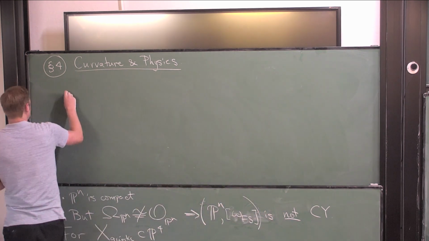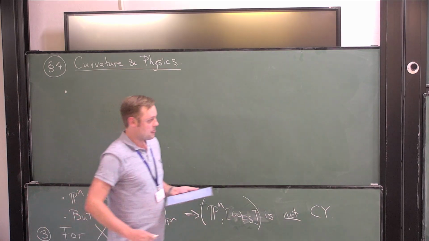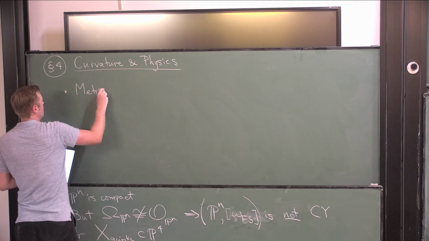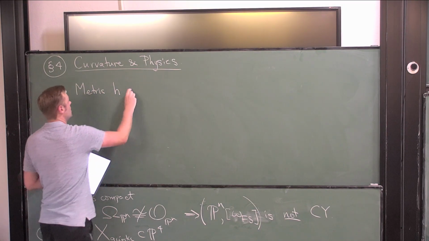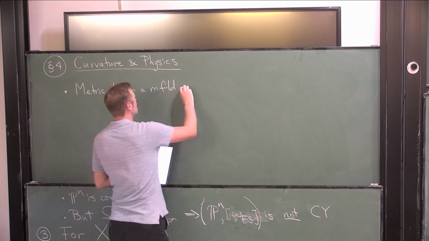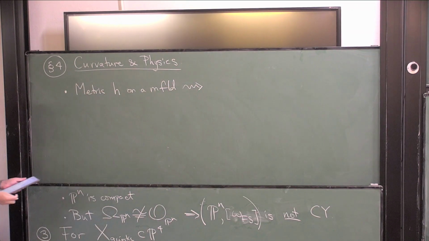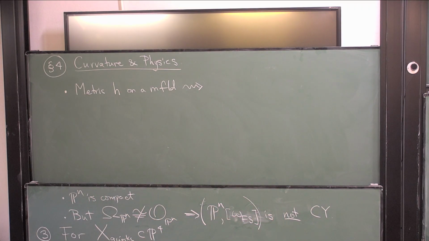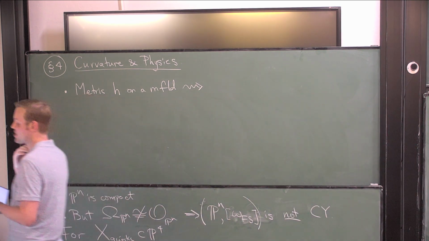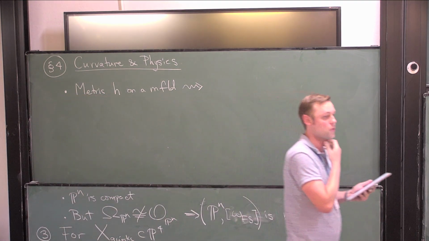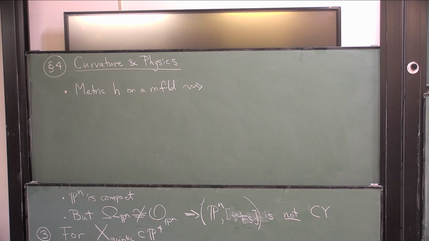First, let me say, if I have a metric h on a manifold, what is a metric good for? Well, a metric is supposed to measure distances for you. You could ask what is the quickest way to get from one point to another, and whether it matters if I go using one path or another.